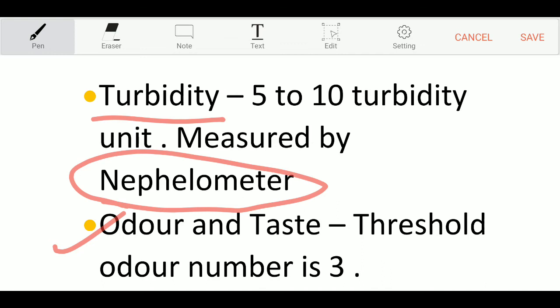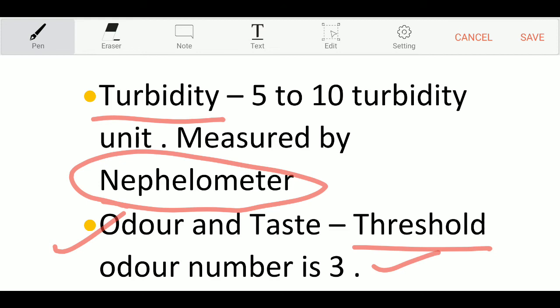And the final one is odor and taste. Water is thought to be odorless as well as tasteless. Odor in water is measured by a device known as an osmoscope, and expressed in terms of TON, threshold odor number, that should be less than or equal to 3.